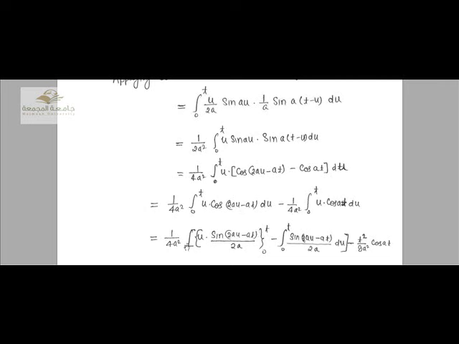This is equal to 1 by 4a square, within the bracket, [u sine (2au minus at) over 2a from 0 to t minus integral from 0 to t of sine (2au minus at) over 2a du] minus t square by 8 cosine of at.